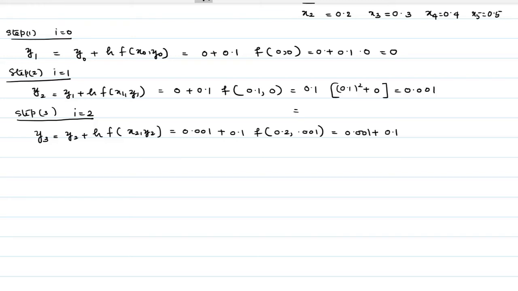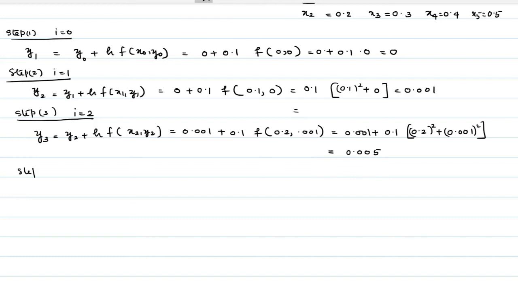Substituting on f of xy, we will get 0.2 the whole square plus 0.001 the whole square. On simplifying this, we will get 0.005.